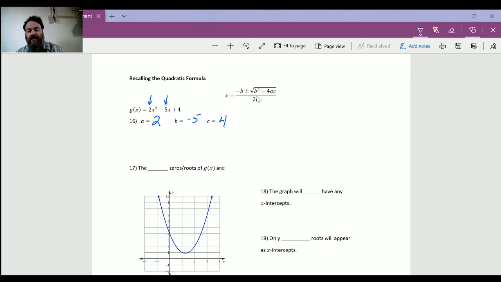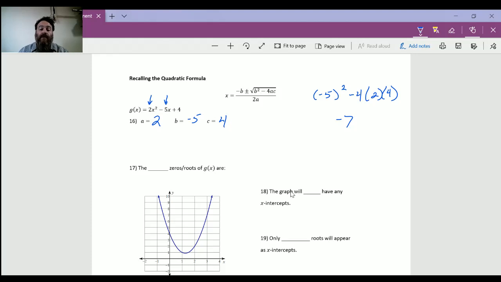So just a quick recap on the quadratic formula, b squared minus 4ac. That's what you're going to start with. That's negative 5 squared minus 4 times a times c. Then just type that into your calculator, or if you want to do it by hand, that's your call. That's going to be 25 minus 32, I believe. I'm looking at negative 7.